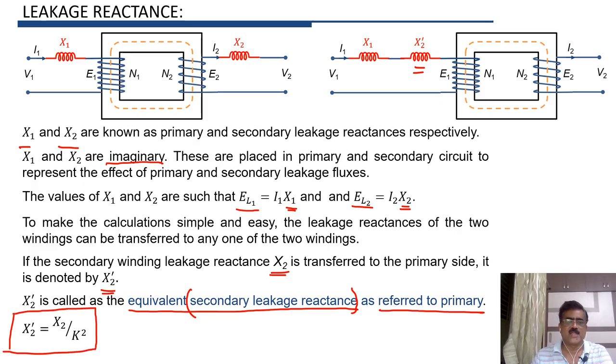Means just like resistance, when the leakage reactance is transferred from secondary to primary, it must be divided by K square.